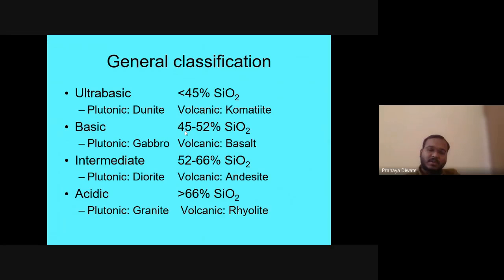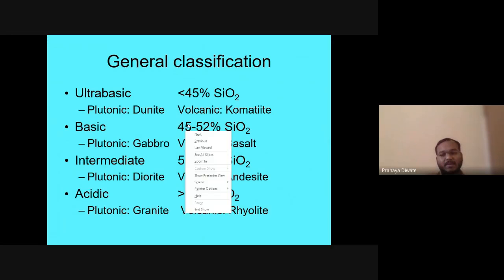When you have an intermediate rock, the silica must be between 52 and 66 percent. That is your silicon oxide. Then you have acidic rock, which has silica more than 66 percent.